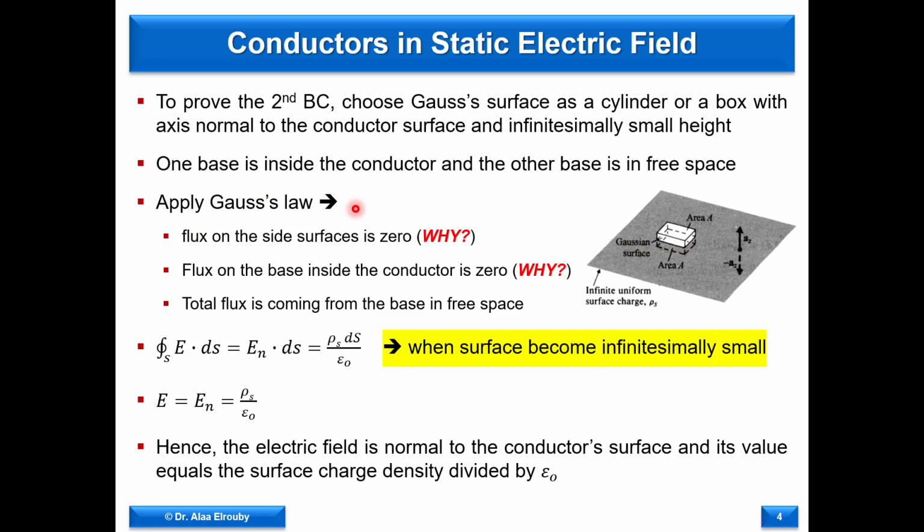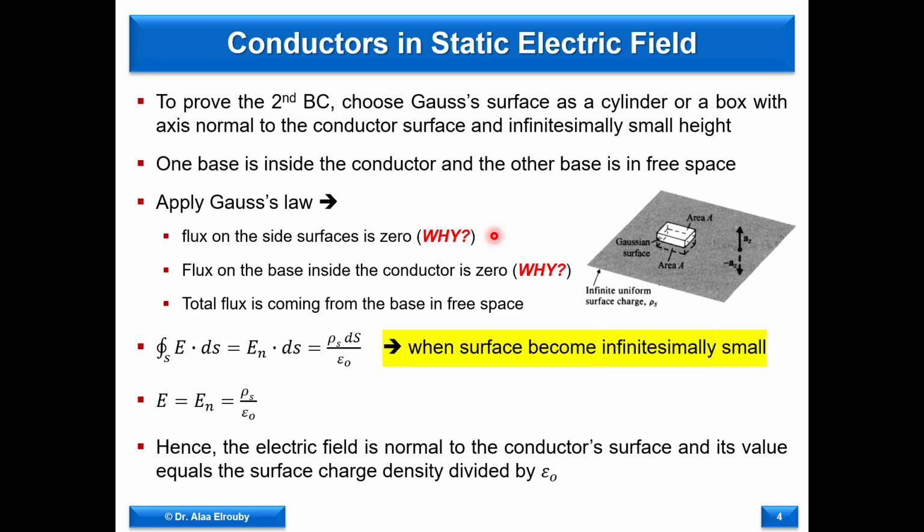And then we apply Gauss's law. Gauss's law, left hand side is E dot ds. It will be divided into 3 components: lower base, upper base, and the side. The flux on the side will equal 0. You should know the answer. Why is this? We did this before. Think about it.